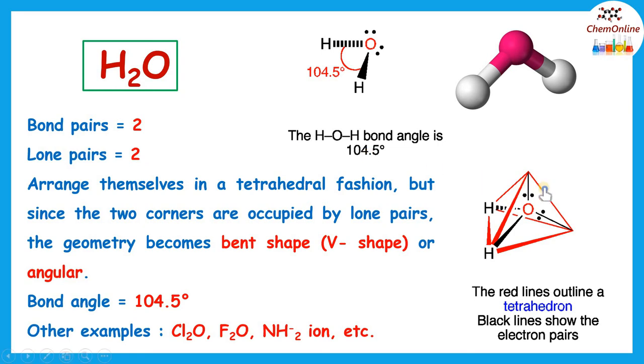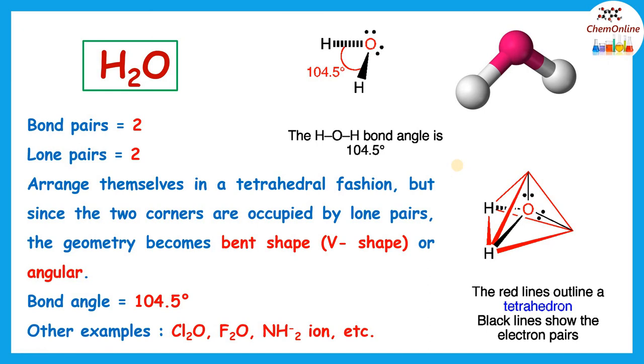But in this tetrahedron, 2 of the corners are occupied by the lone pairs. And we know that lone pair-lone pair repulsion is much greater than lone pair-bond pair repulsion. So in the water molecule, you can see lone pair repulsion as well as lone pair-bond pair repulsions.